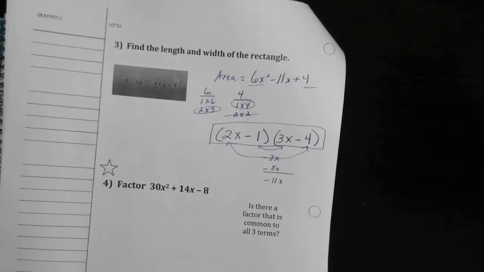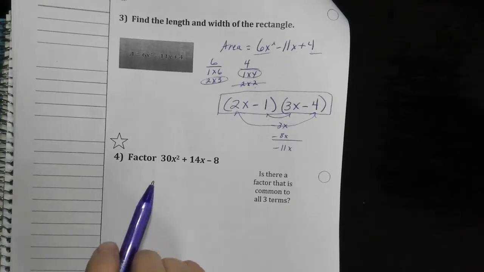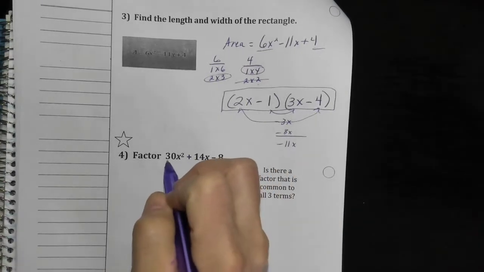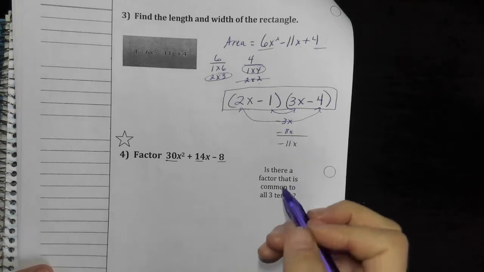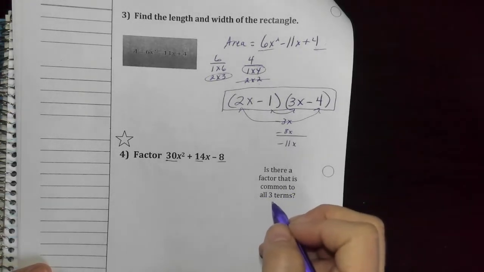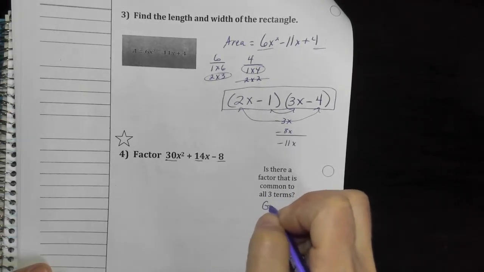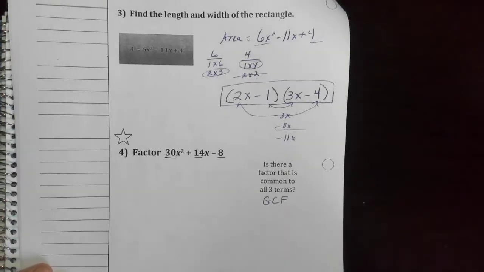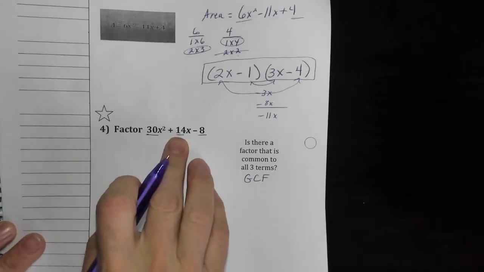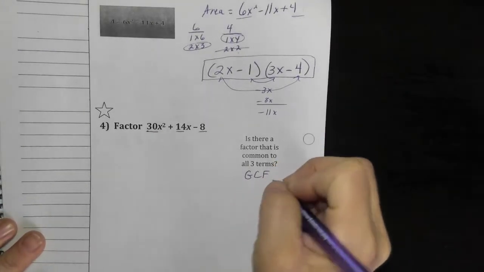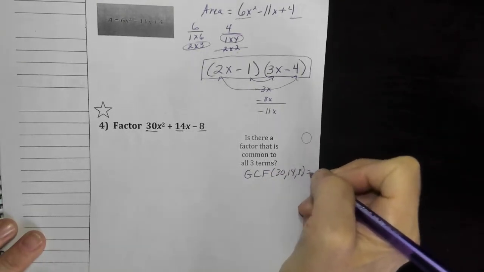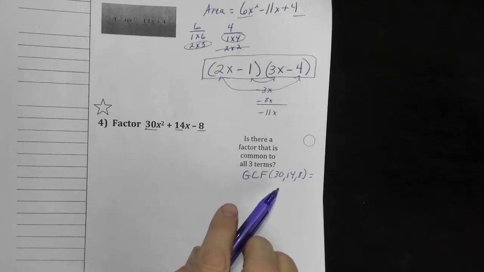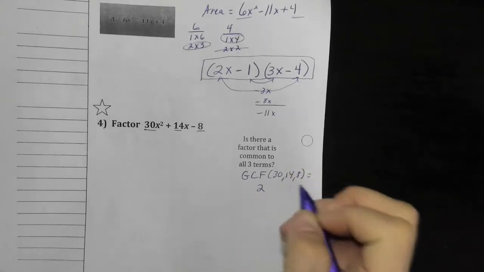All right. Another scenario that you might get is you might look at these numbers, or maybe numbers and letters, and you might have a factor that's common to all 3 terms. Remember, that's called the greatest common factor. So I'm looking at 30, 14, and negative 8. 30, 14, and 8. And I believe, since they're all even, 2 works.